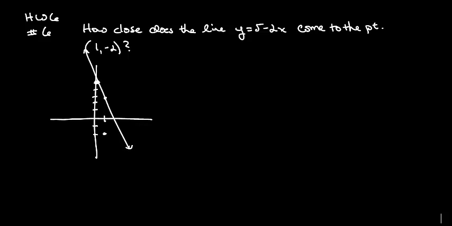Okay. Now, the closest that line comes to this point is a straight line here that's going to be perpendicular to this line. So what we'll need to do is find the slope of the line, and then that'll tell us the slope of the perpendicular line.